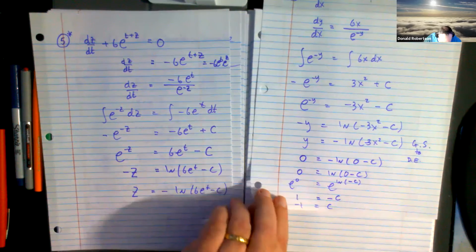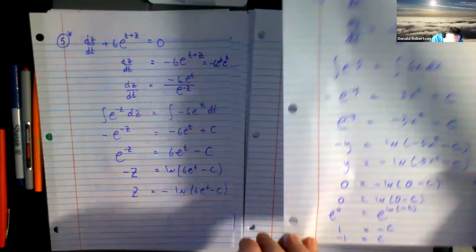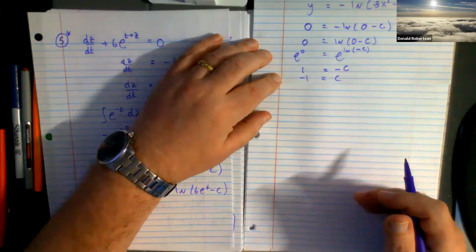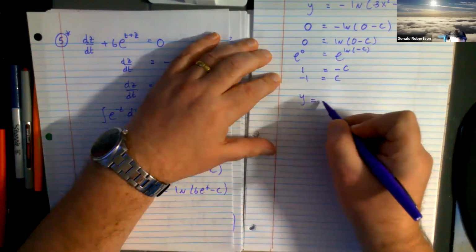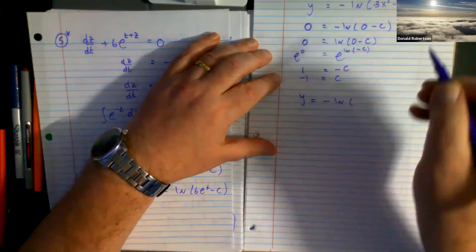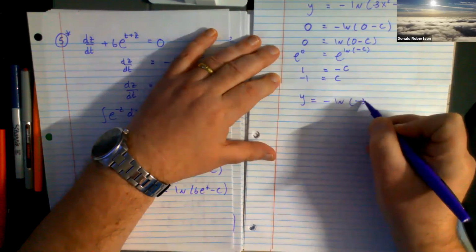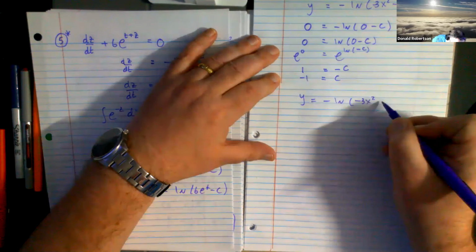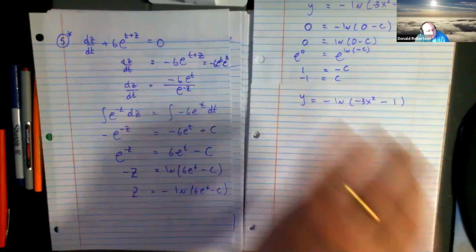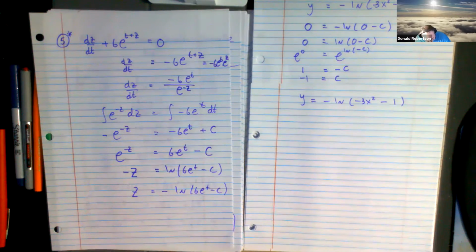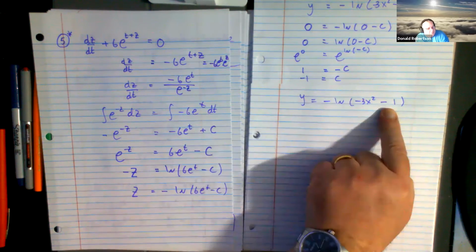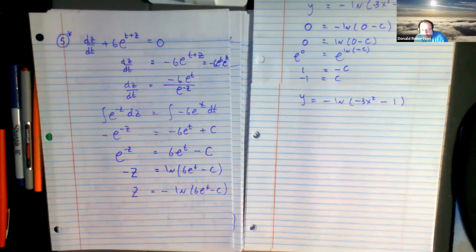And now I'm about to show you something that people do wrong. And it's why I dislike -c. Oh, c is -1, -1 goes there. It's wrong.